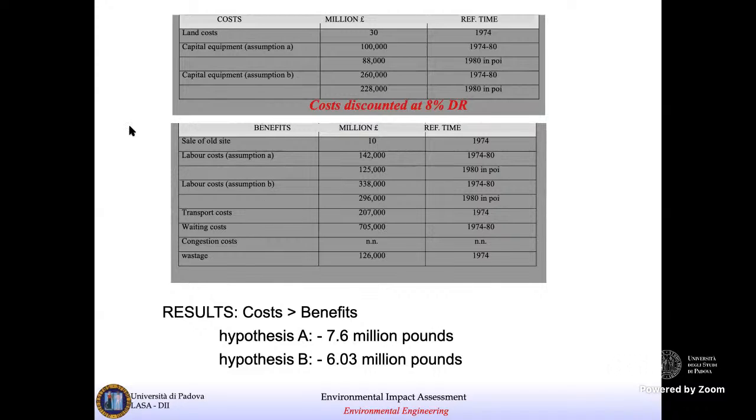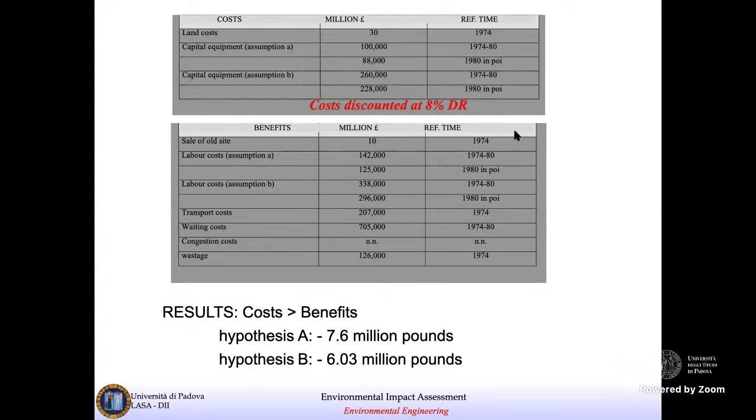For example, they started by evaluating the cost of land and the capital equipment, assumption A, capital equipment, assumption B, etc. They made really a gross evaluation in terms of monetary units. In this case, we are talking of pounds, millions of pounds.